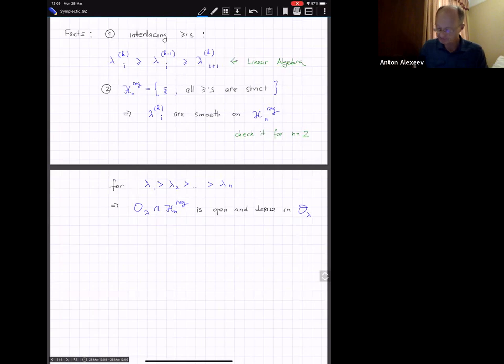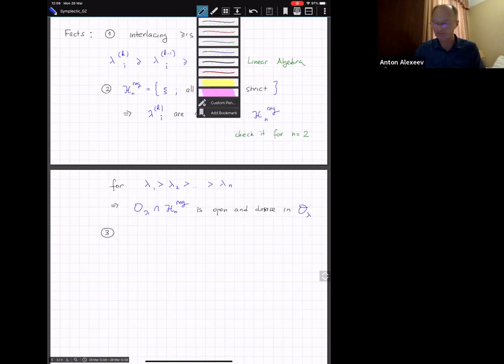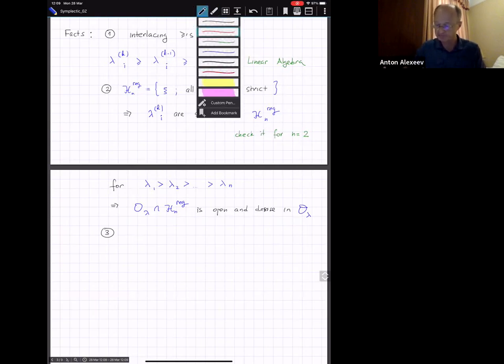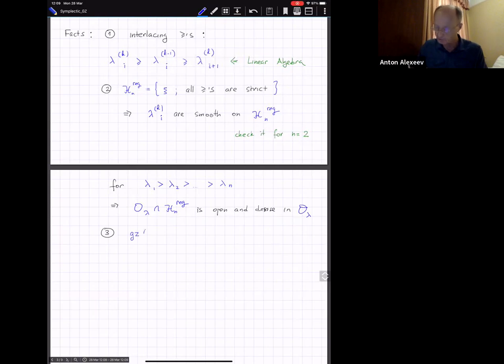And finally, one more linear algebra fact. If we take the image of Hermitian matrices under the Gelfand Zetlin map, we obtain exactly the cone defined by interlacing inequalities.